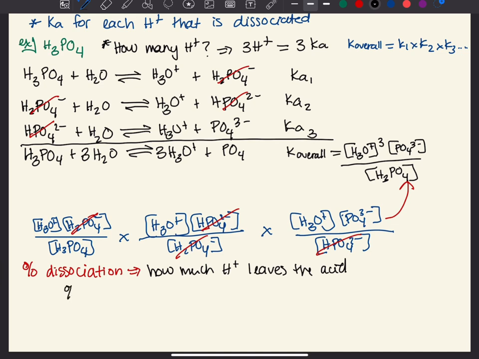And we can calculate that by using the percent dissociated is equal to the concentration of the acid that has dissociated divided by your initial concentration of your acid. And then because this is a percentage, we multiply it by 100.